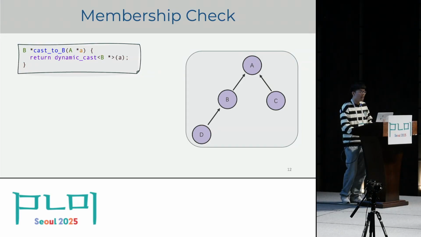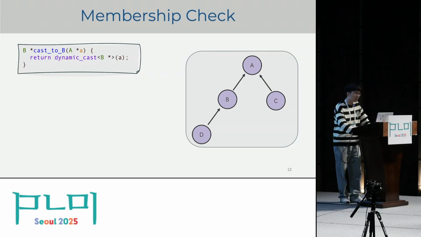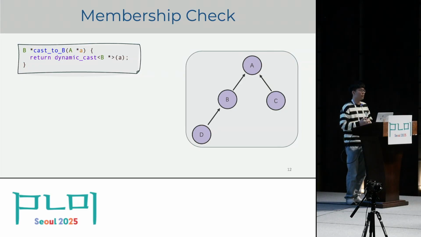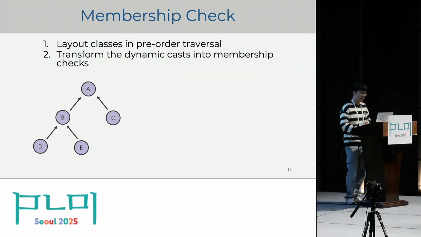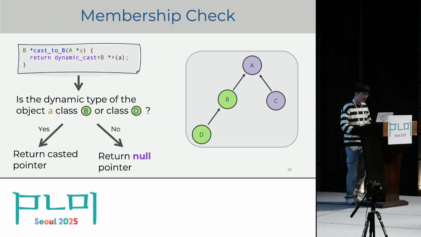For example, if we are trying to dynamic cast to class B, it will only work for objects that are instantiated from class B or class D. So at runtime, we just need to check whether the dynamic type of the current object is class B or class D. If yes, great, we return the cast pointer. If no, we return the null pointer. So it's a pretty straightforward idea.